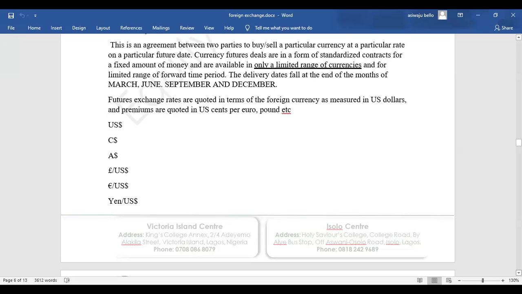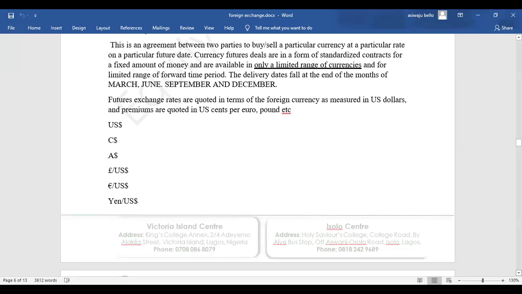Currency options can be used to protect a company against adverse movement in exchange rate. At the same time, it allows the company to take advantage of favorable movement in exchange rates.